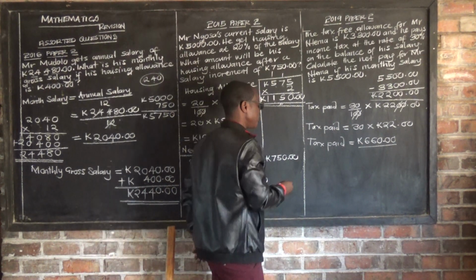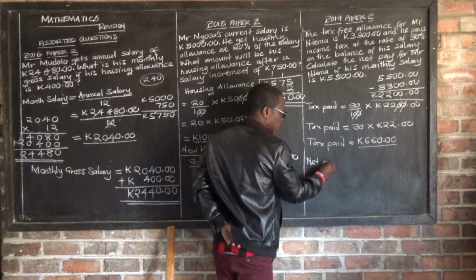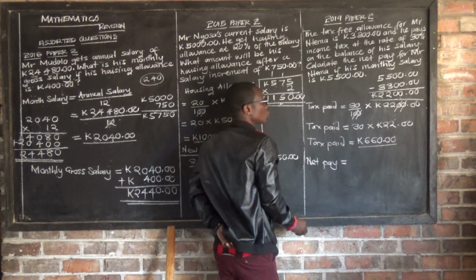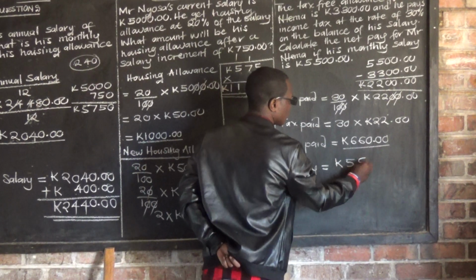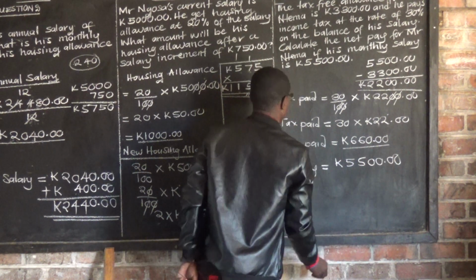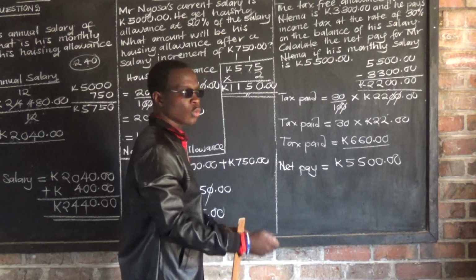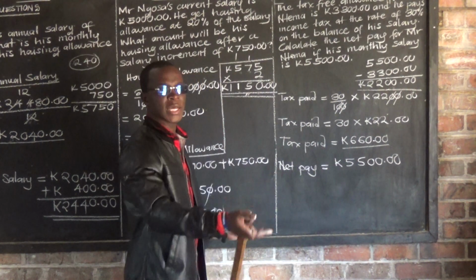Okay? So you're going to say net pay is equal to what was his total income? Total salary, it was 5,500. Are we together? This was his monthly salary. So we're going to now subtract the tax which was paid, right?